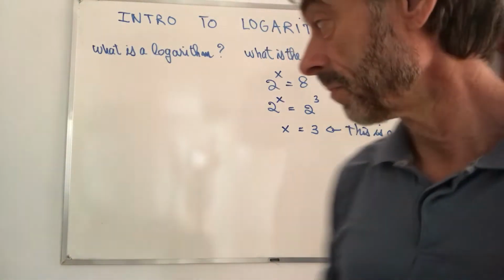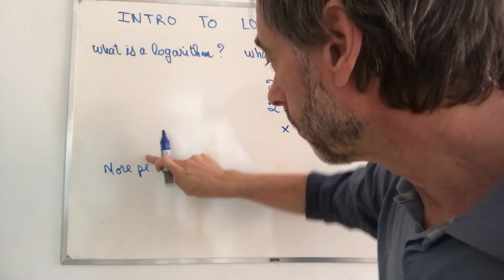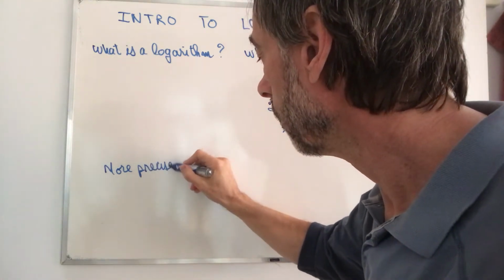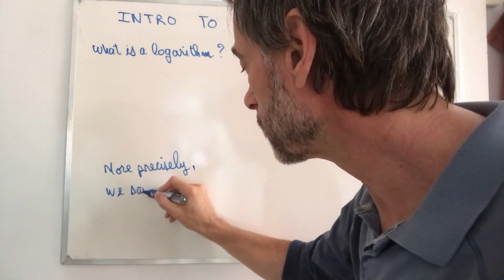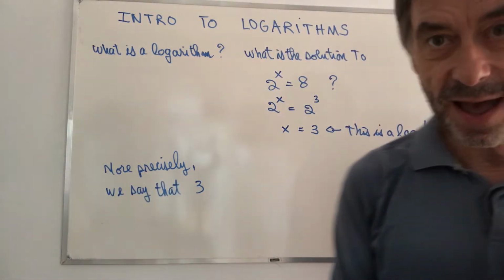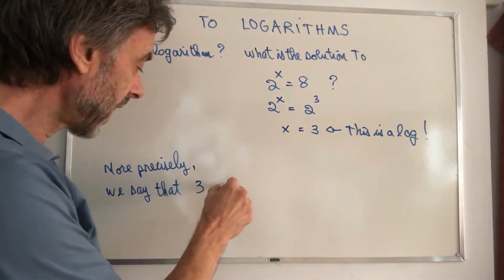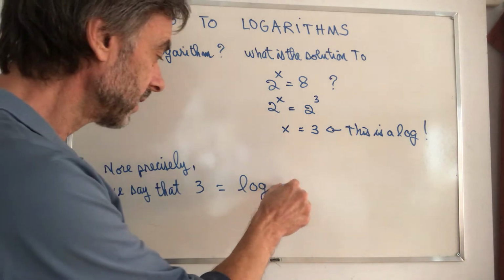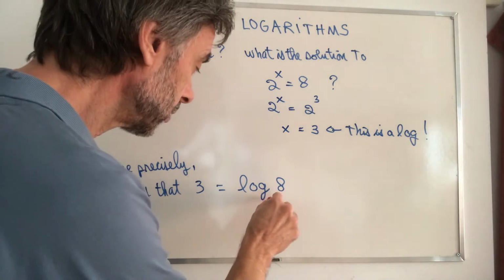More precisely, we say that the number 3, the answer to this equation, is equal to the log of the right-hand side, 8, with a base of 2.